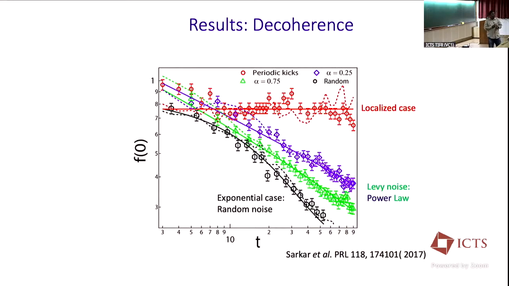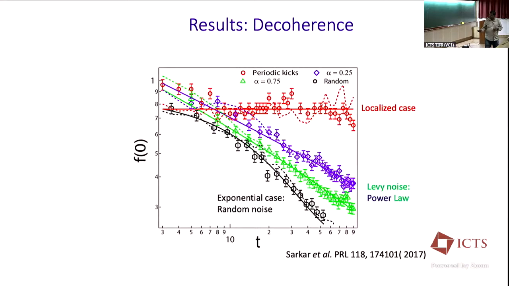And if you look at how the delocalization happens as a function of time, for a periodic case, whatever the localization is just remains as a function of time. And when you have random noise, the delocalization follows the usual behavior; this is a log-log plot.